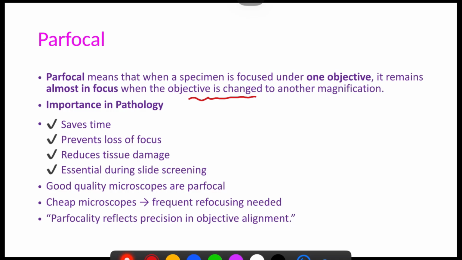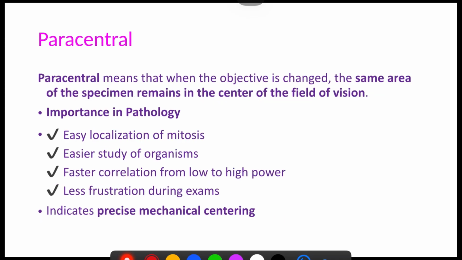Fine adjustment will definitely help us, and we will easily find the particular cell which we saw in the 10x view. So it saves time, prevents loss of focus, reduces tissue damage, and is essential for slide screening. And yes, good quality microscopes are parfocal, and cheap microscopes will need frequent refocusing. So parfocality reflects precision in objective alignment.